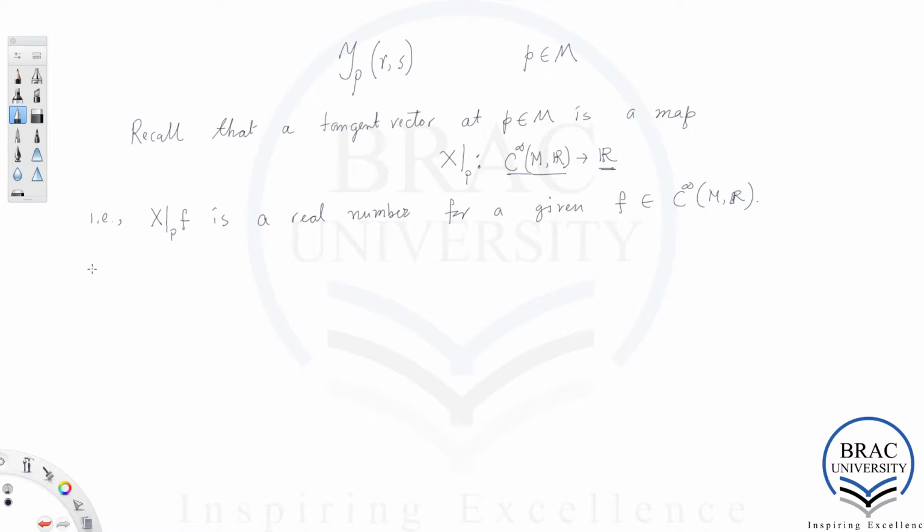Now, this is the story of the tangent vector X restricted at P, and a vector field X on the other hand is a map X from C infinity(M, R) to C infinity(M, R).